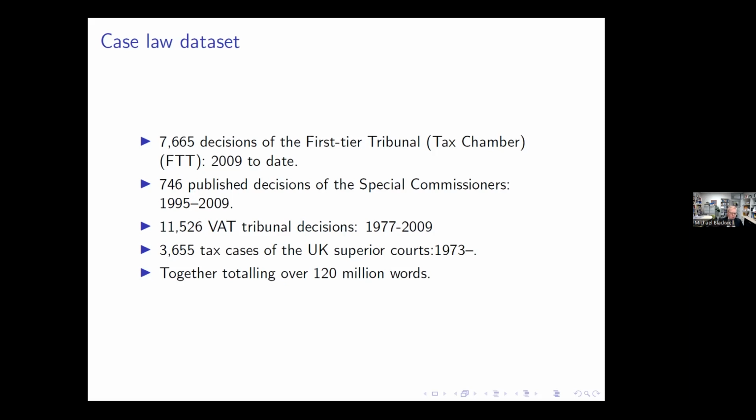So the 746 decisions of the special commissioners who had direct tax cases, and the 11,500 decisions of the VAT tribunal. And then I also have the cases that have been appealed onwards from there. So 3,500 tax cases that were appealed to the superior courts, and now appealed to the upper tribunal and then on to the Court of Appeal. It's a vast data set totaling over 120 million words.